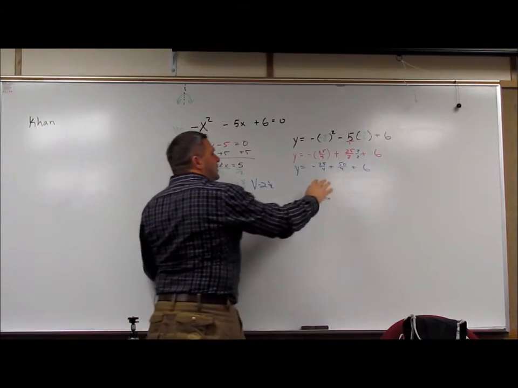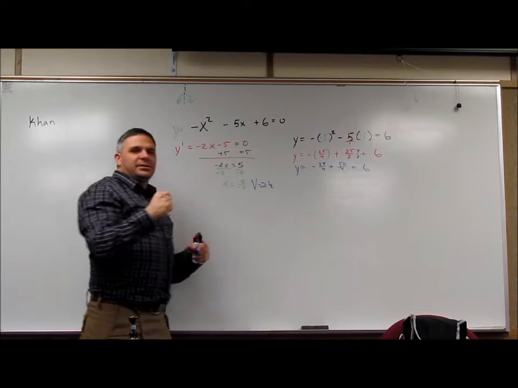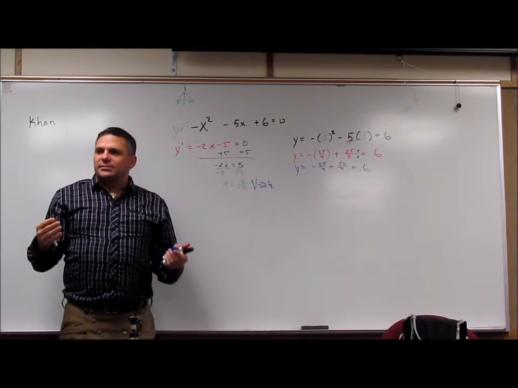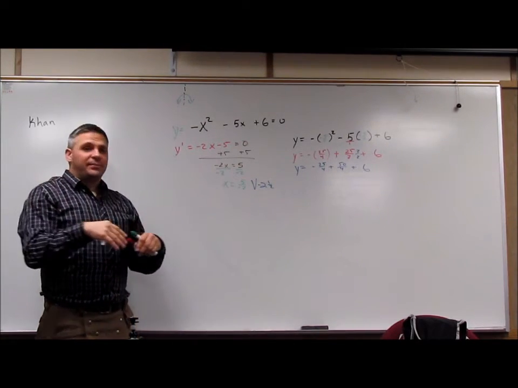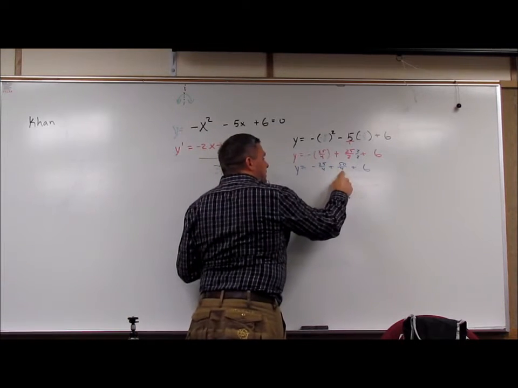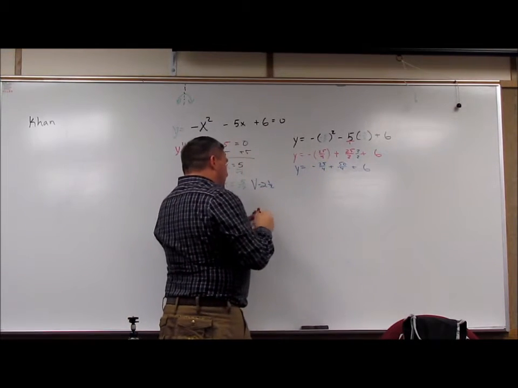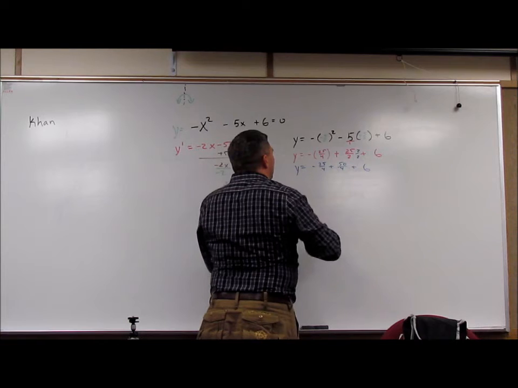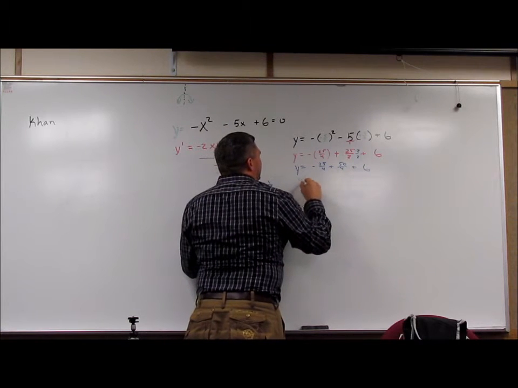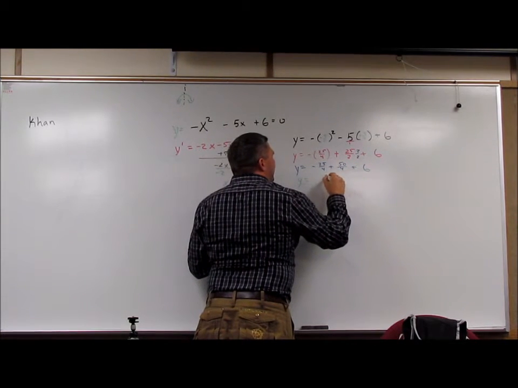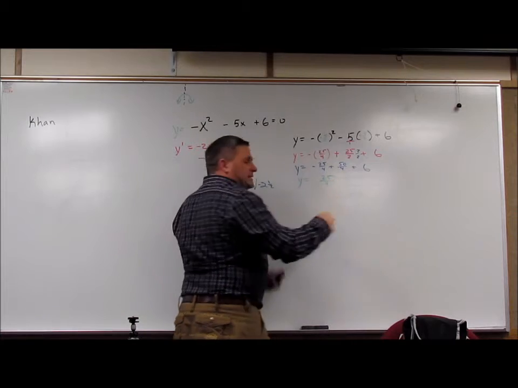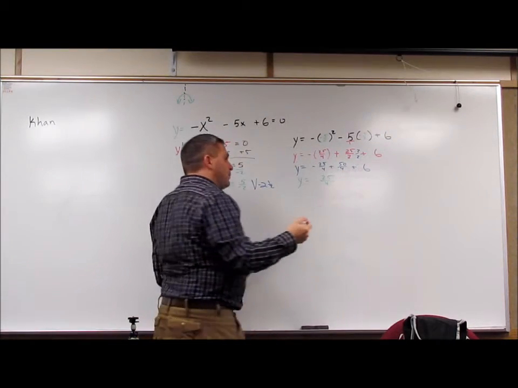Okay, so now I have like terms, or I have denominators that are the same, so now I can add them. Now this is a negative and this is a positive, so when I add them up, I'm going to get y is equal to positive 25/4, right?